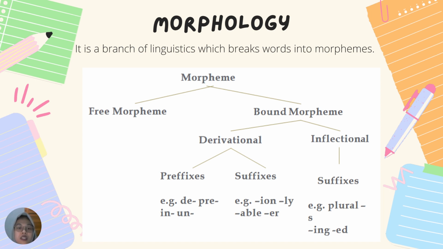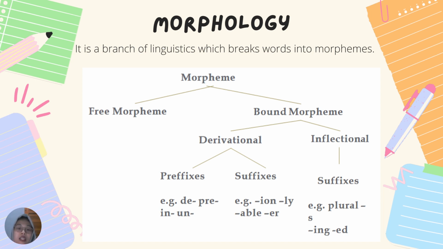Derivational is divided into prefixes and suffixes. A prefix is an affix in front of the word, while a suffix is an affix at the end of the word. Prefixes such as extent, predate, misunderstand, unlike, and suffixes such as likely, happiness, rather, and so on.